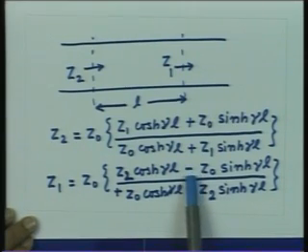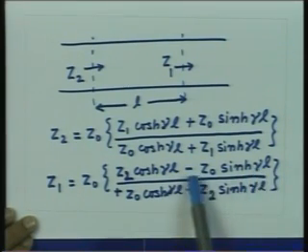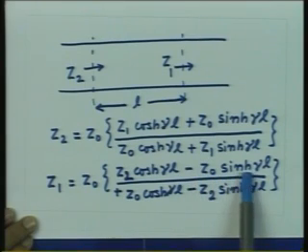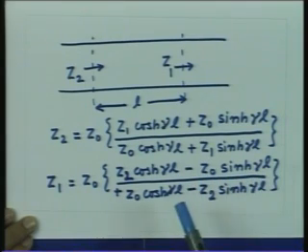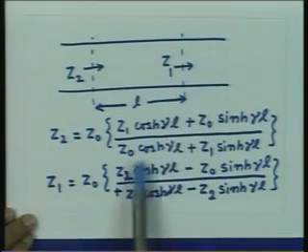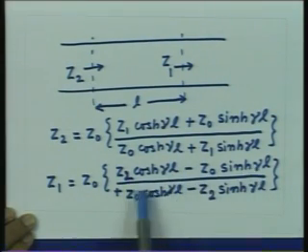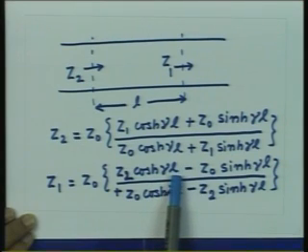This negative sign can be absorbed into the sinh gamma L. So, this is equivalent to Z0 sinh gamma of minus L. Similarly, this quantity will become sinh gamma of minus L. So, I have Z1 related to Z2 with effectively L becoming negative, because cosh of gamma minus L is equal to cosh of gamma plus L.